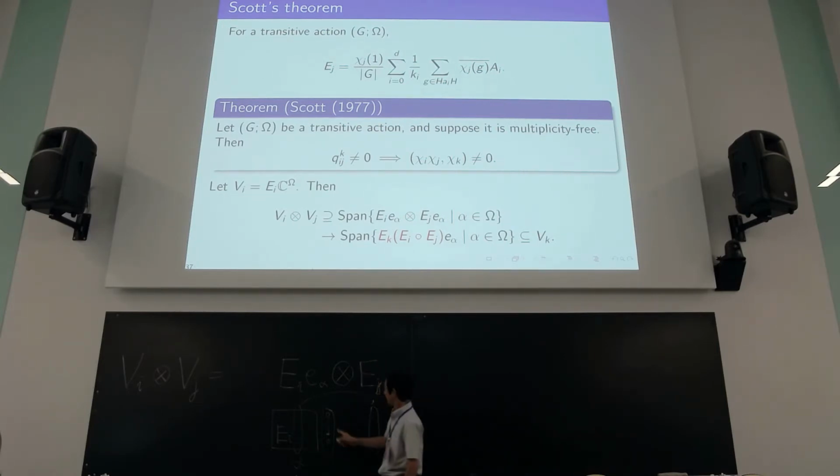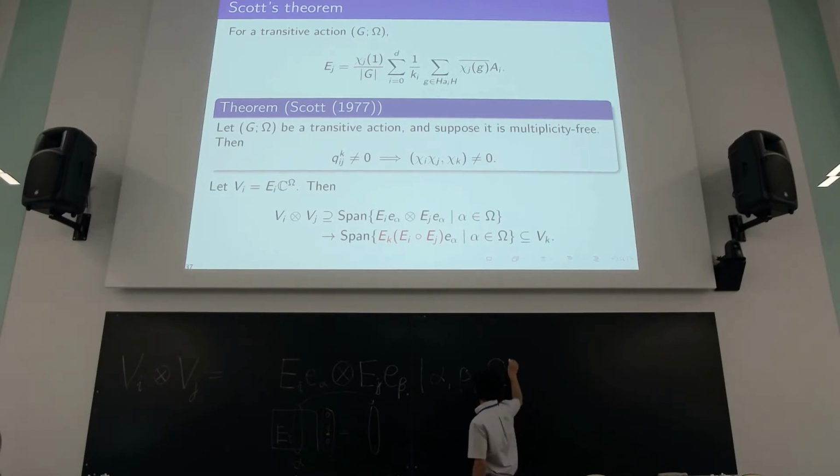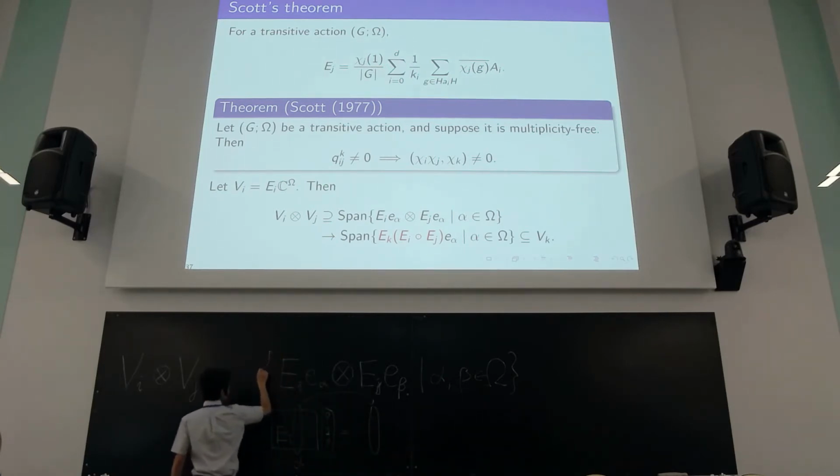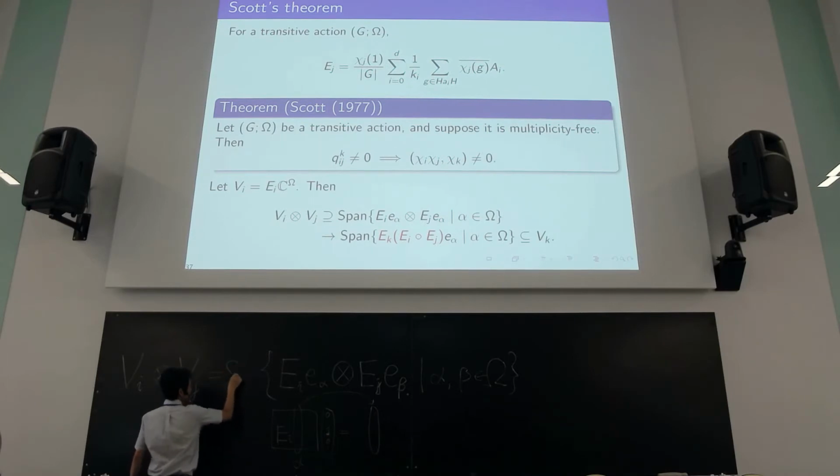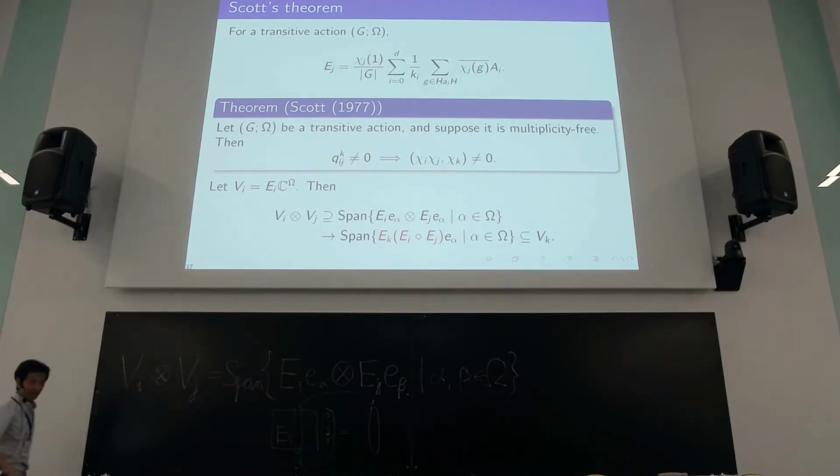But I can't specify the same column. It should be arbitrary column, so I take something else, beta. So I collect them for all alpha and beta from the set omega. Then this will be the generator of this tensor product. So if I take a span, that's what this tensor product is.